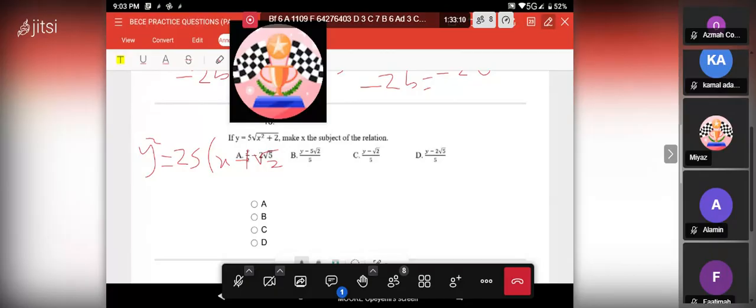We don't even need to find the square root. So it will become y is equal to 5 into x plus root 2. This is root 2 here.